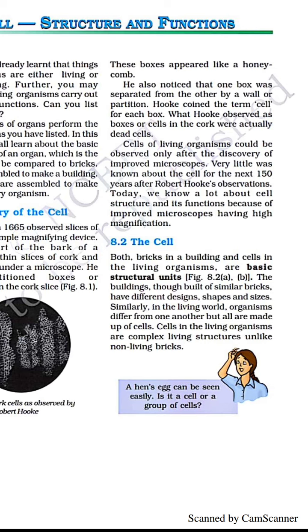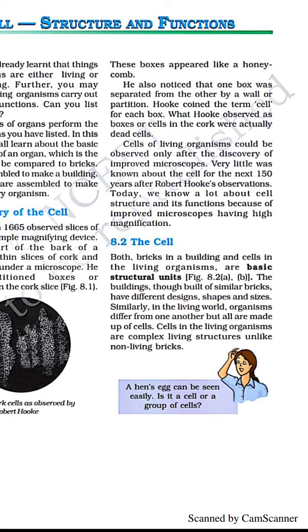So the cell could not be identified, and he was not able to observe the cells of living organisms, right? So he did an experiment and tried to see the cell with the help of the bark of a tree, that is the cork, and gave each compartment the term cell.